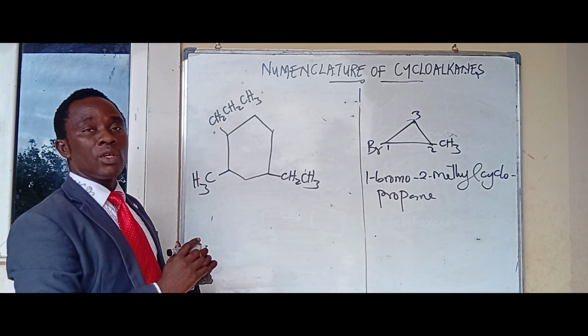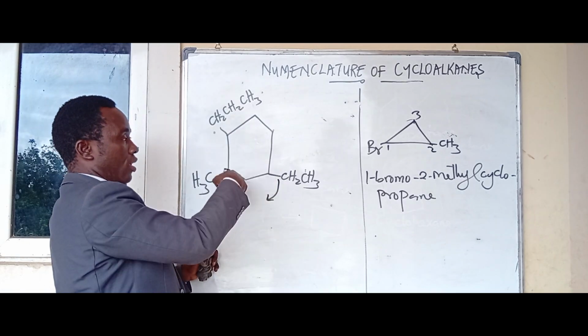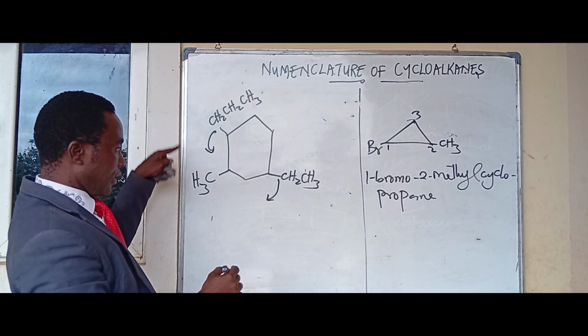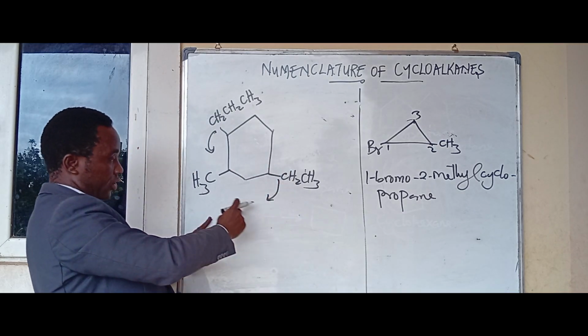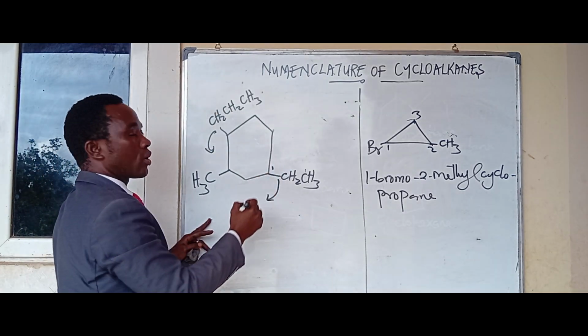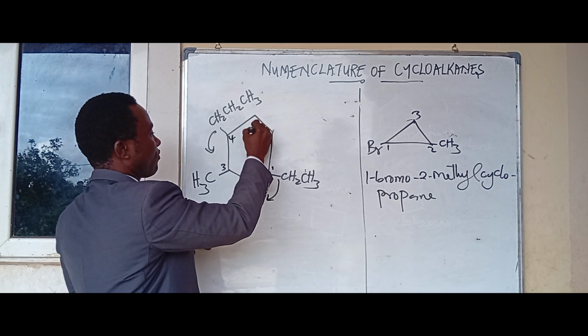We can go through this way, or we can equally go through this way. If we go through this way, this carbon becomes number 1, this becomes 2, 3, 4, 5, and 6.